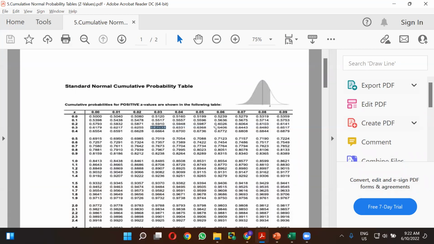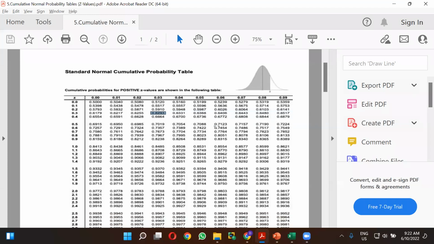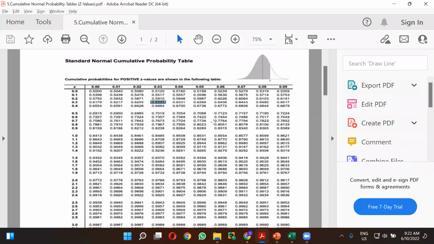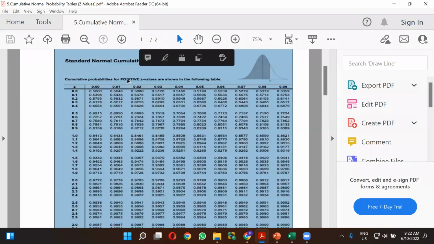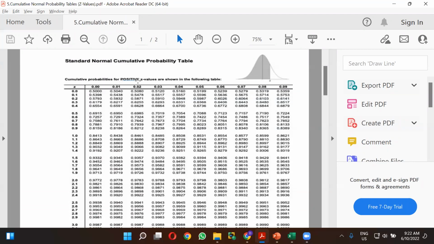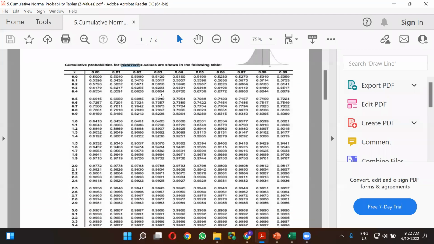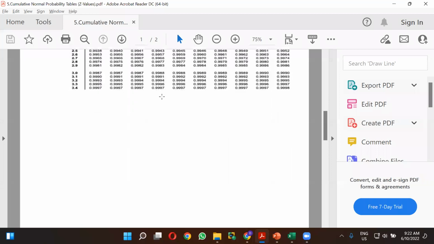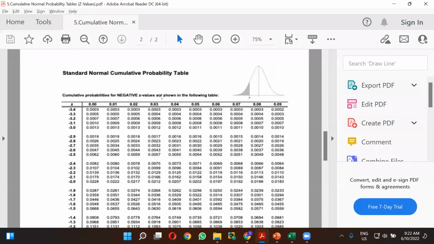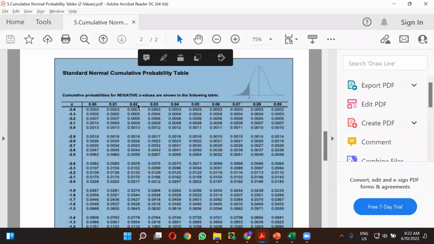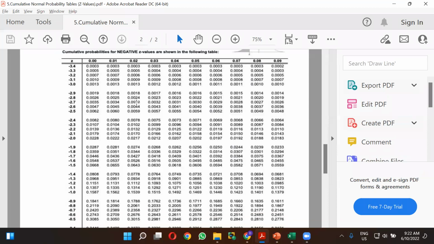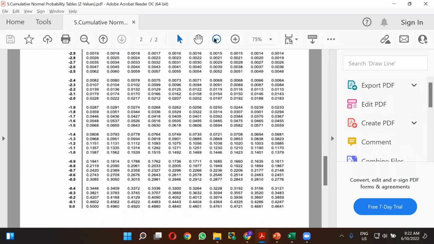So we want to get minus 0.33. The first table is for the positive values, and now we have taken a negative value. Therefore, you have to go for the next table, which indicates the negative values.